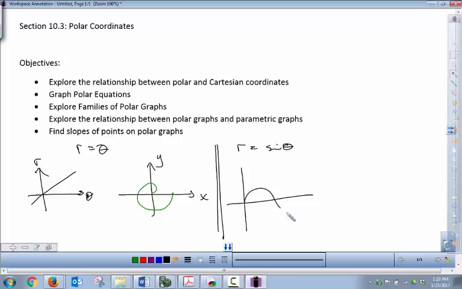And then we saw the sine function with r and theta.